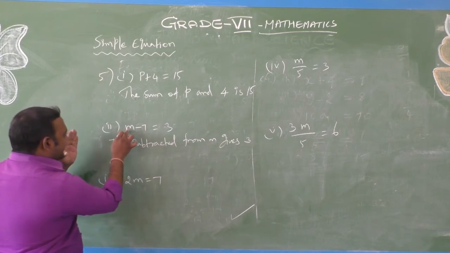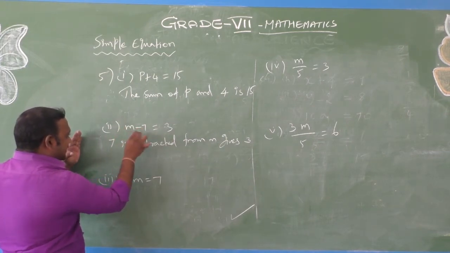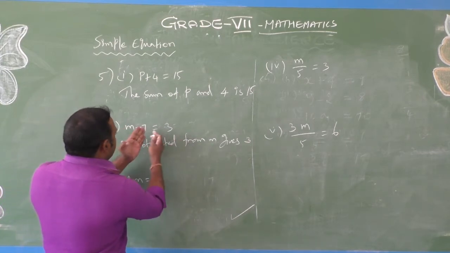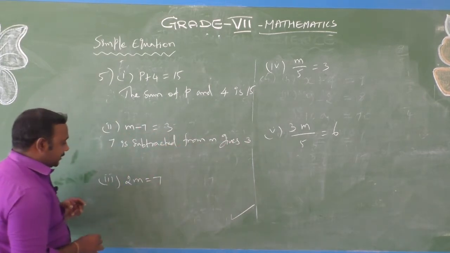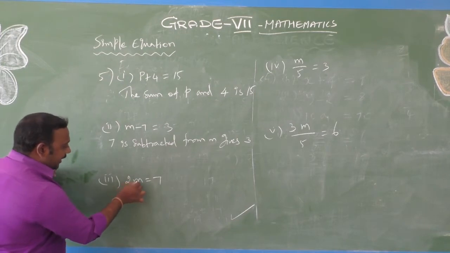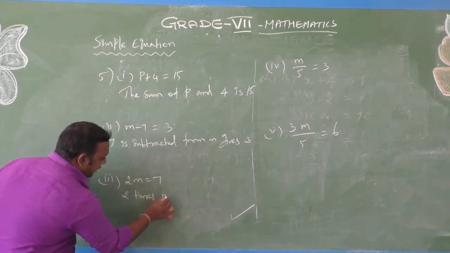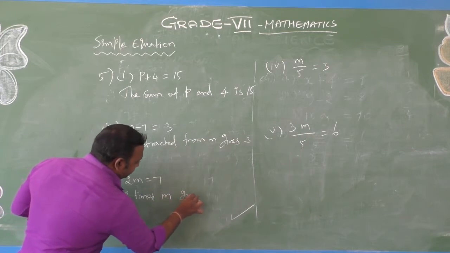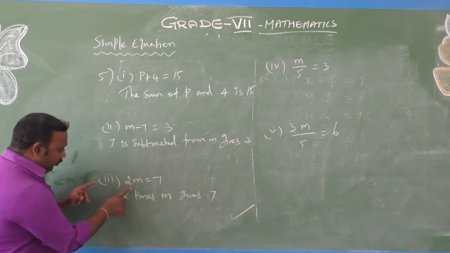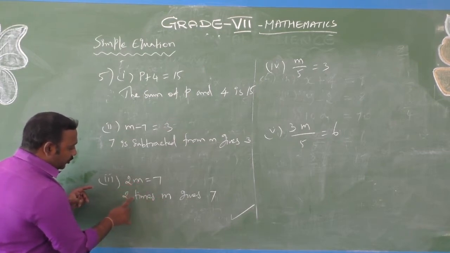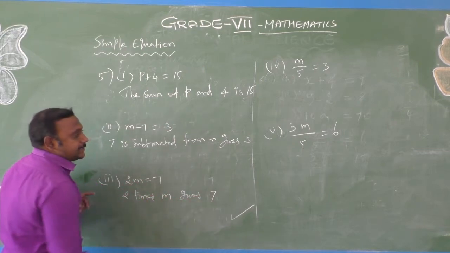That is the answer. Then 2 into m, so 2 times m. 2m means 2 times m. So 2 times m gives 7.